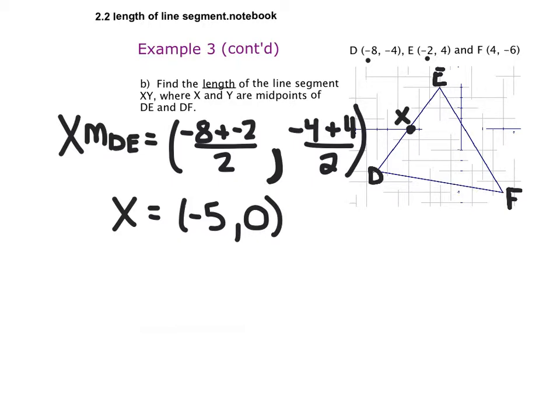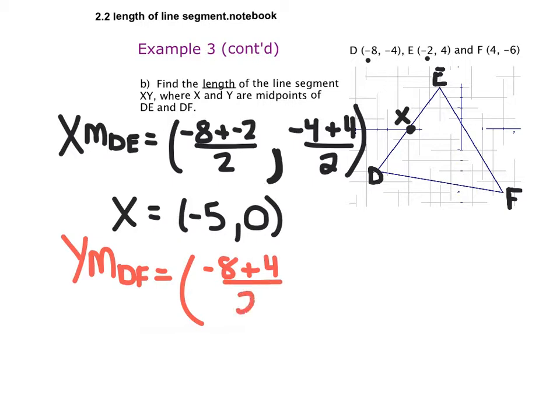Now what we're going to do is we're going to do the midpoint of DF. And we're going to label that one Y. Okay? So again, we start with the X coordinates of D and F. So we would have -8, okay, plus 4 divided by 2.